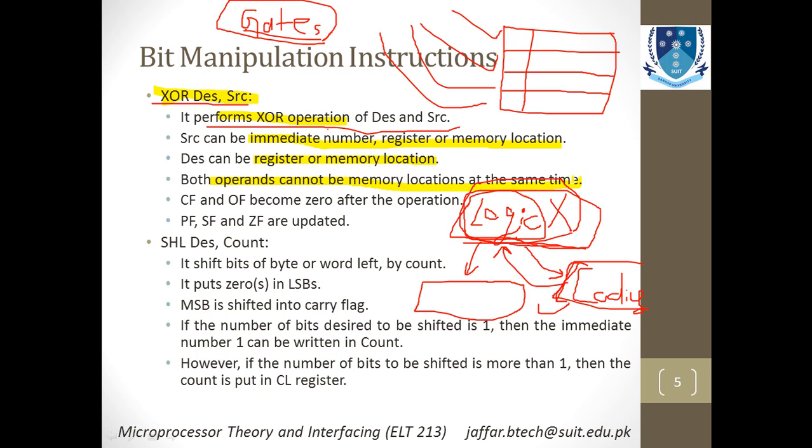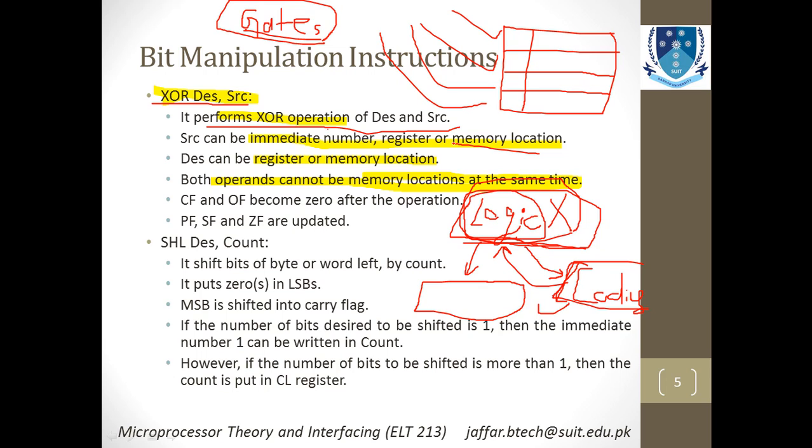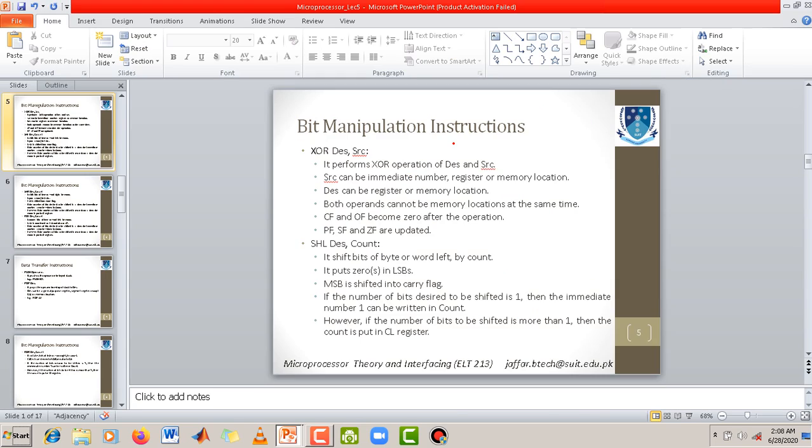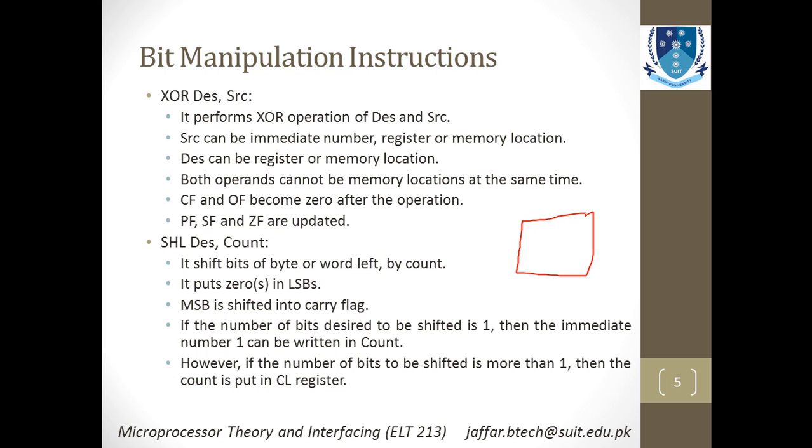And how you will cope with this, this is my question to you. Let me write it down again. Let's say you have a memory location, and both the data that you want to manipulate are stored in this memory location, and you apply the XOR operation.